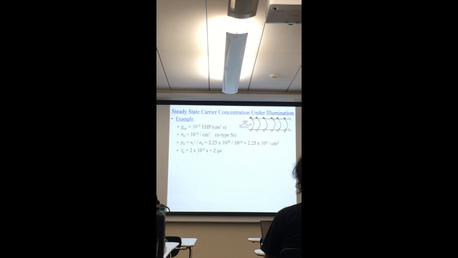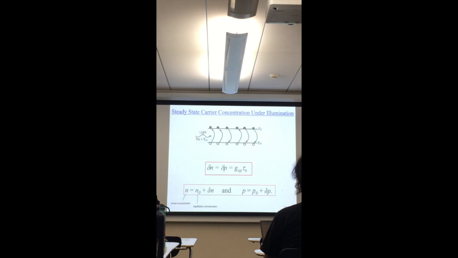All right. Okay. So this is basically the steady state carrier concentration under illumination. So we can first determine this delta n and delta p if we know the optical generation rate and the recombination lifetime. Okay, and if we know these 2, we can calculate these excess carriers. So we can determine the actual concentration easily.